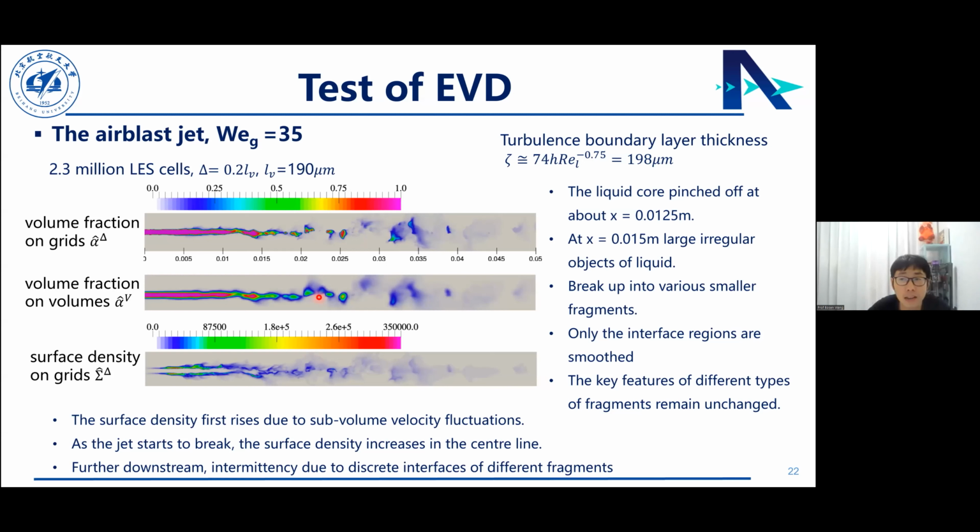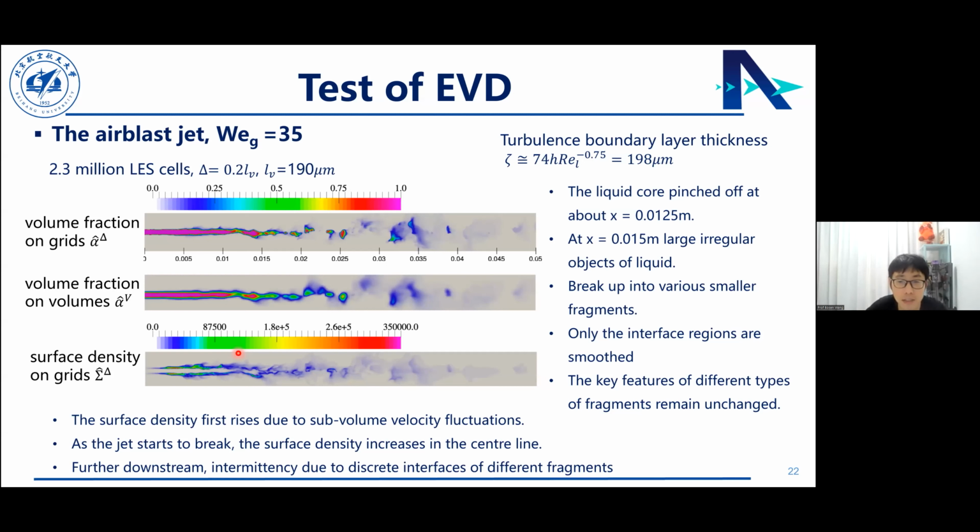Another graphic is the surface density on the grid scale. We see the grid surface density first increases due to the wrinkling as the instability occurs, and then downstream it starts to decrease due to the dispersion of the spray at the center line.